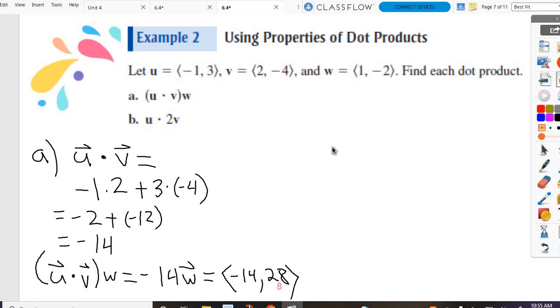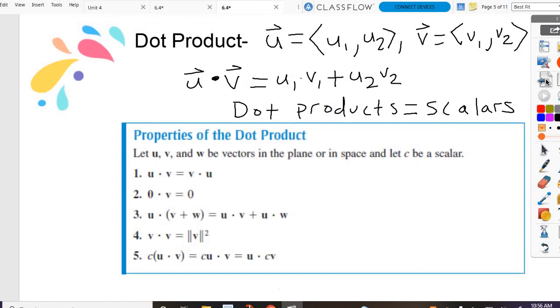Now, notice on part B, we have U dot 2V. So we could multiply my 2 by my V and then dot product those two things. However, remember back to our properties, if I have a constant with one of my vectors, we're also allowed to do our dot product first and then multiply by that constant.